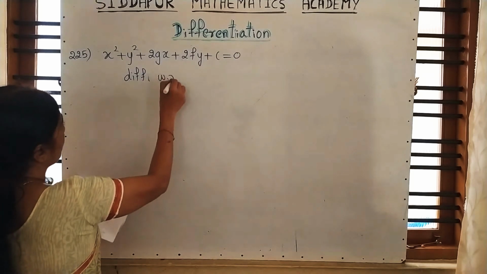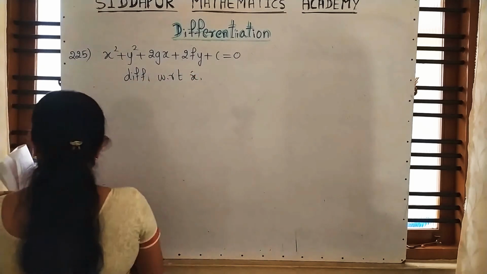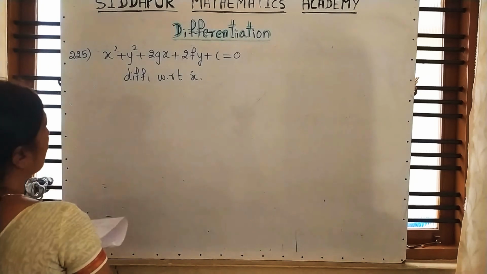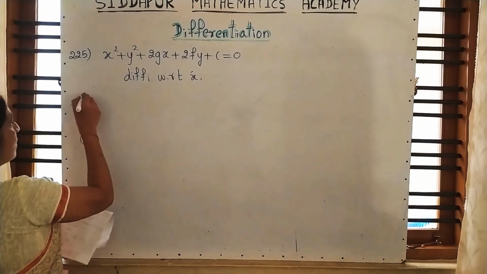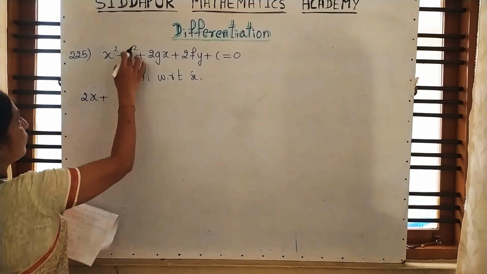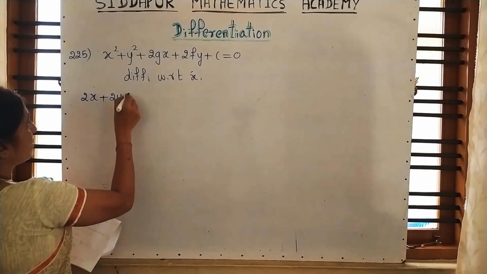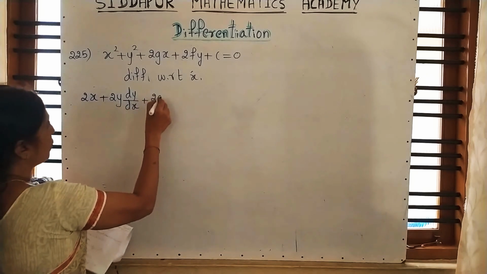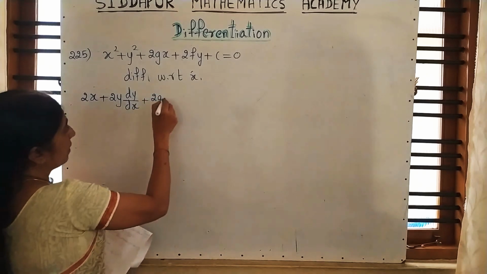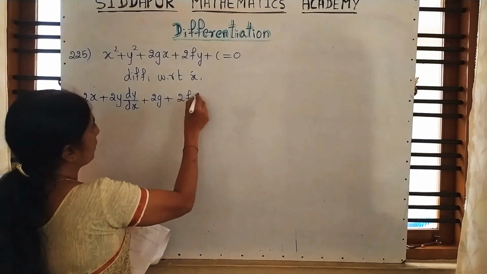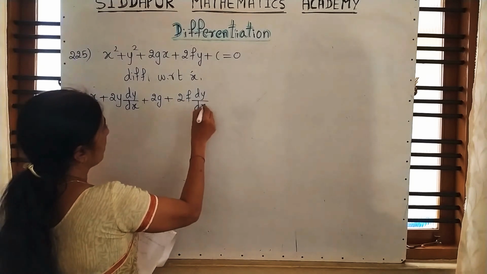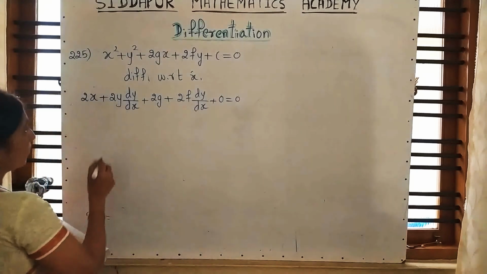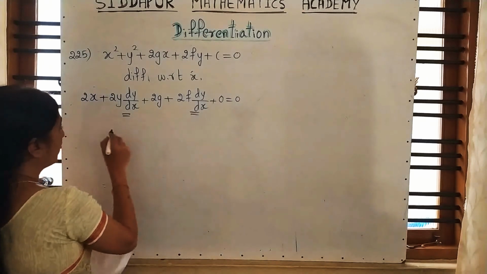Differentiating with respect to x. What is the differentiation of x²? 2x. Differentiation of y²? 2y dy/dx, plus 2g. x is 1. Plus 2f, differentiation of y is dy/dx, plus 0 is equal to 0. c is 0.